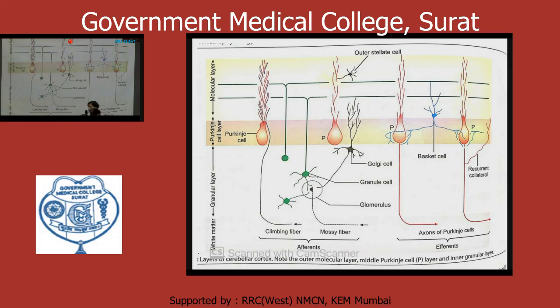The ventral spinocerebellar tract conveys those impulses to the cerebellum via the superior peduncle, so we can say that it sends the efference copy to the cerebellum.